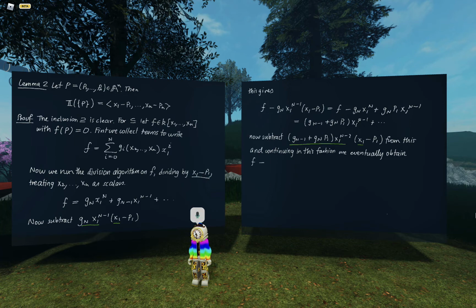So I'm going to subtract this from this, so I'll have f minus something times x1 minus p1 minus another something times x1 minus p1, and I'm continuing like this, grouping all those terms together. I'll get f minus something times x1 minus p1.